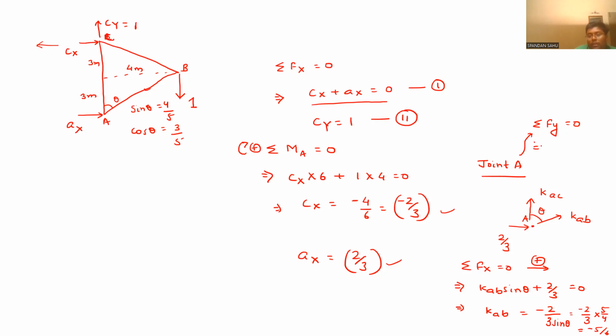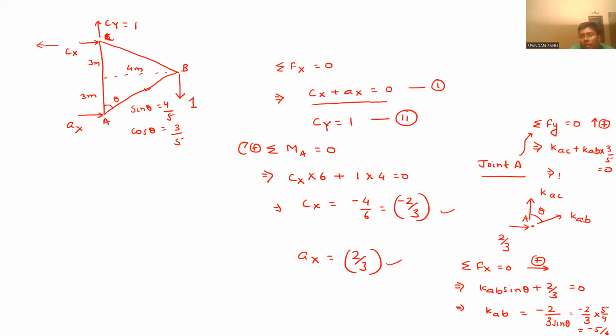Similarly, when you write summation of force along y direction equal to 0 for this joint A only, you will get KAC plus, in upward direction I am taking to be positive, KAB into cos theta. Cos theta is 3 by 5 and that is equal to 0.